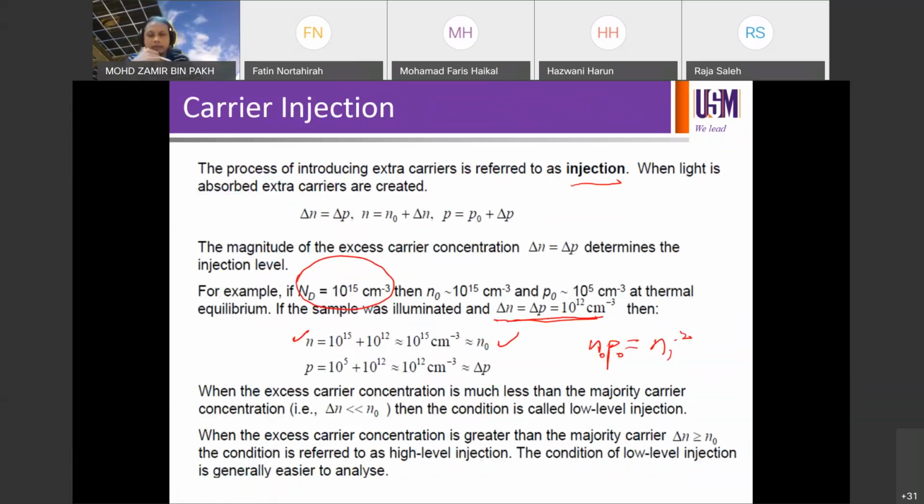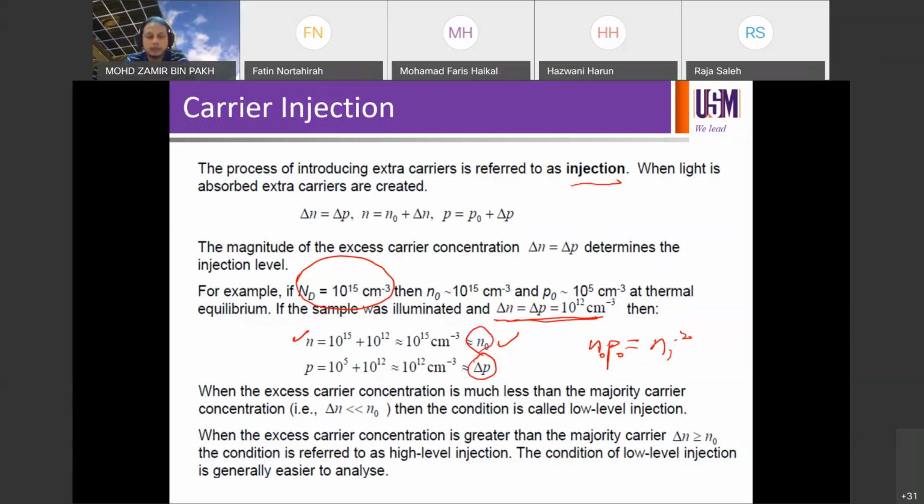On the other hand, if you use the same equation for P, which is equal to P naught plus delta P, the final value will be approximately equal to the excess carrier value, delta P. So we'll not see any change in the majority carrier, but we'll see some change in the minority carrier.